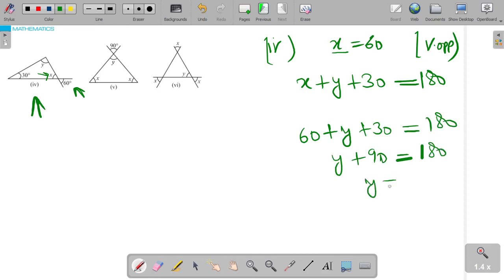Then y is equal to 180 minus 90. So y is equal to 90. This is fourth part.